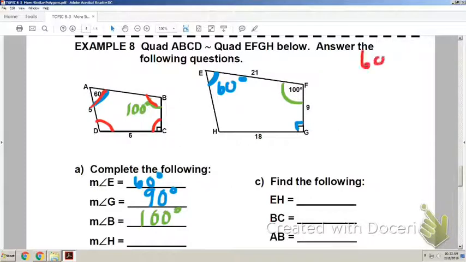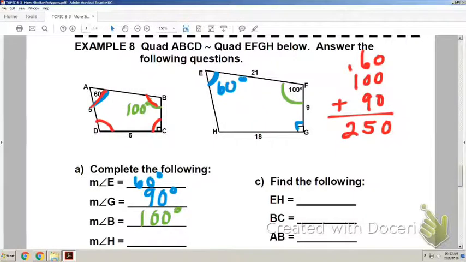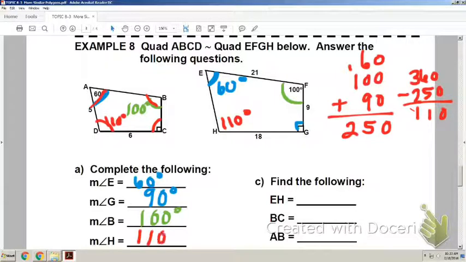So we take 60, 100, and 90, add those together, and we get 250 degrees. If we take that away from 360, that'll give us what's left for angles D and H. So that is 110 degrees. So if H is 110 degrees, so is D, and we just fill it in down here. H is 110 degrees.